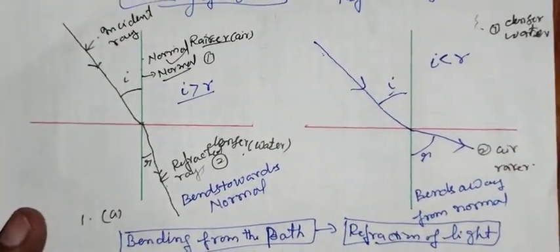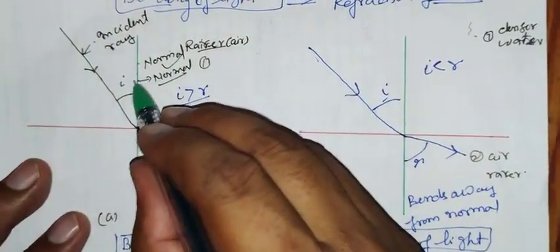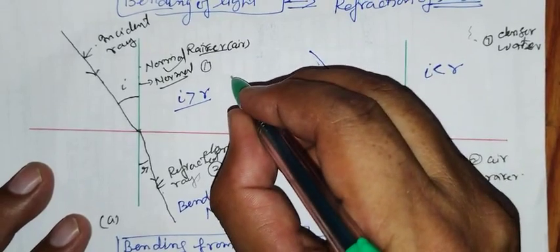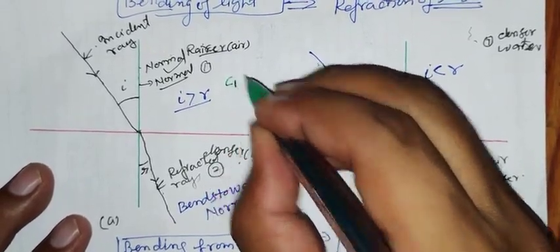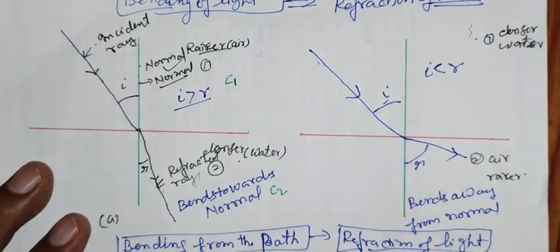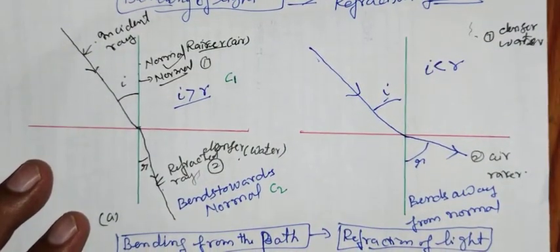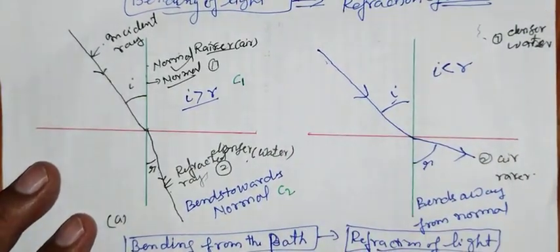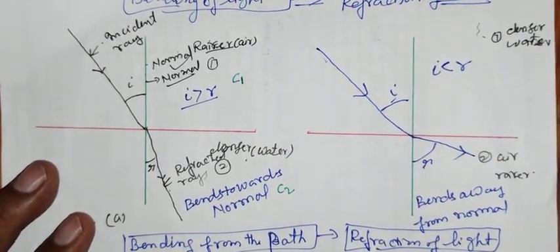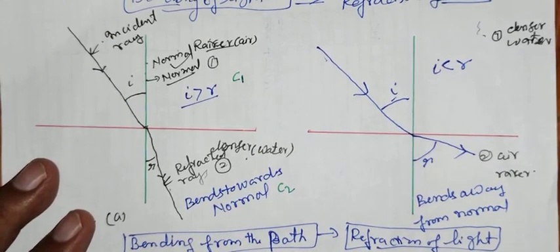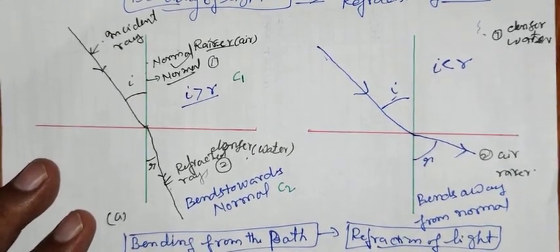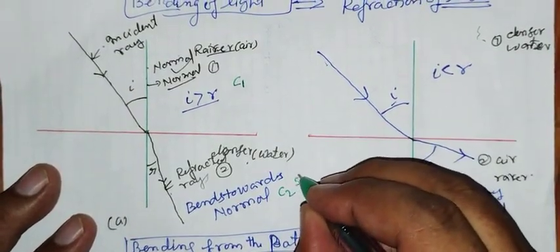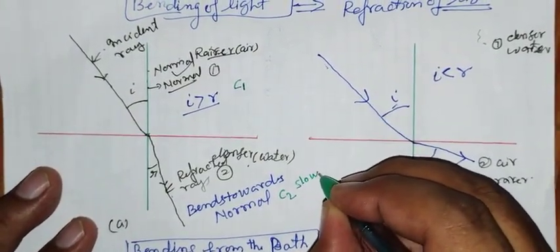See the first diagram. In the first medium, which is the rarer medium, air, let the speed of light be c1, and in the second medium c2. When light moves from a rarer to a denser medium, the speed of light becomes slower.